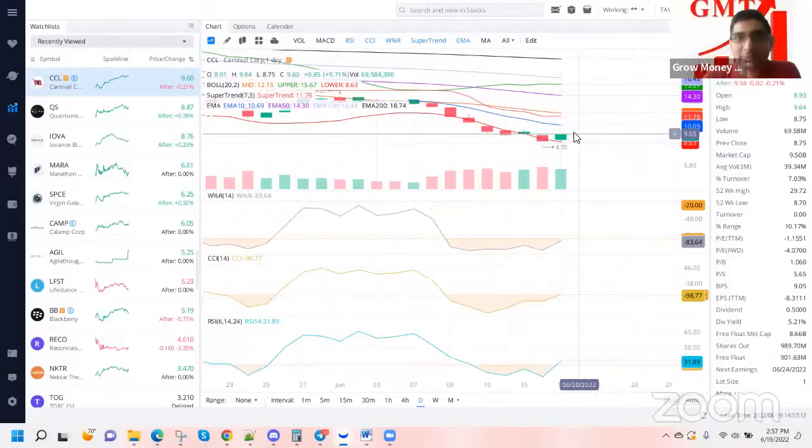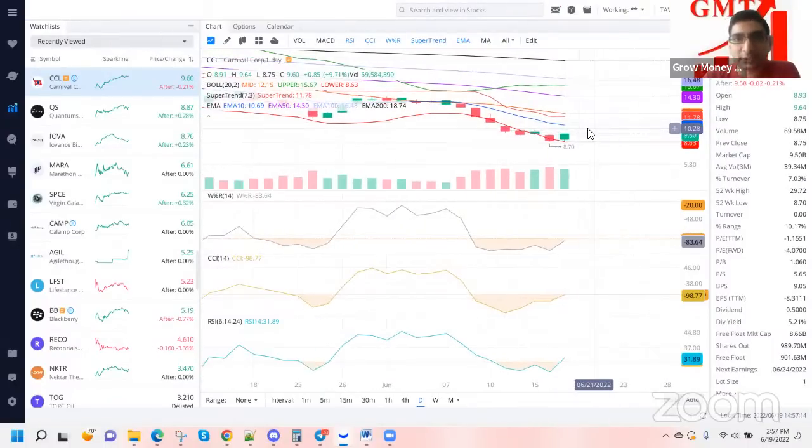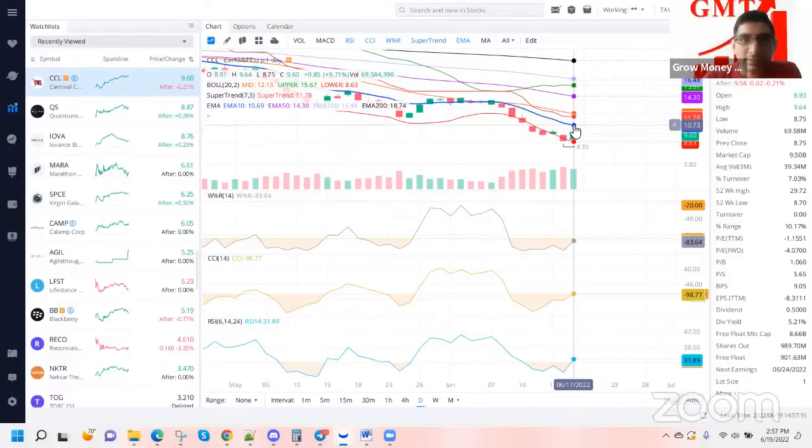Okay, if your average is 10, currently it is at 9.6. EMA 10 is at 10.69. There's a gap here which could get filled. So you could keep a target of 10.6. You would be exiting at profit.